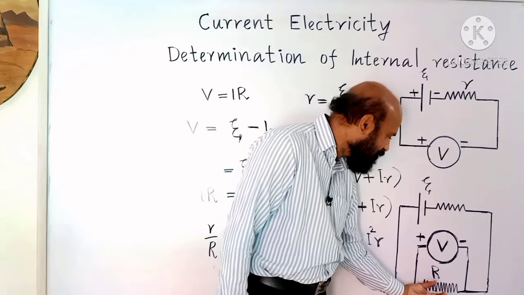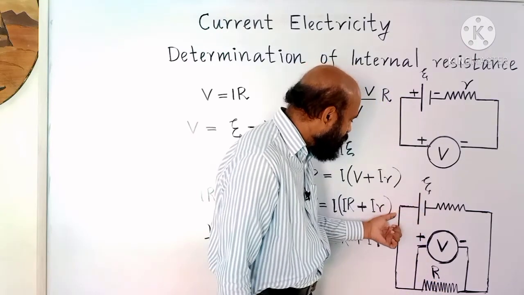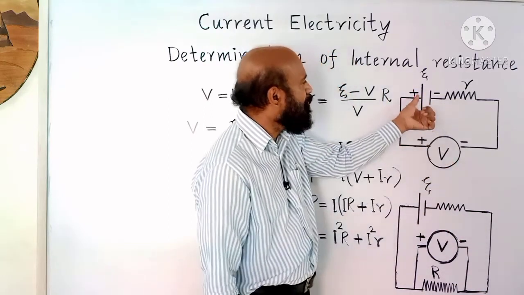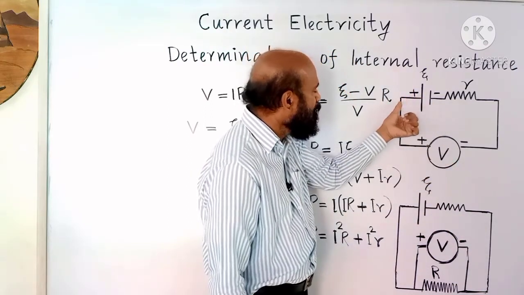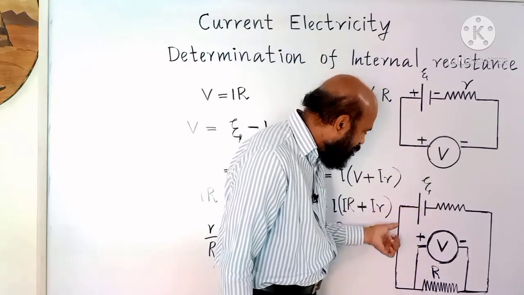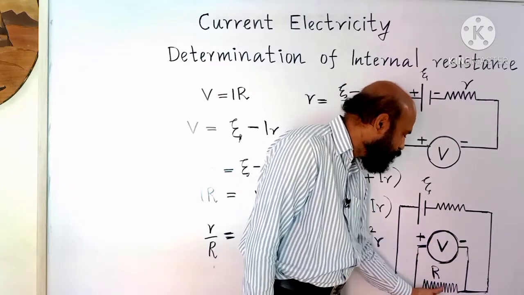Capital R is the external resistance. Now the cell is sending a current. In the earlier case, the cell was in open circuit, so there was no current. Now there is a current, and the voltmeter will give you the potential difference.